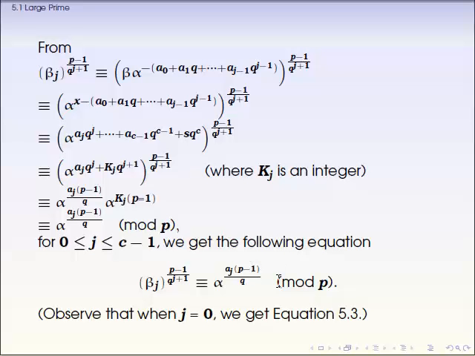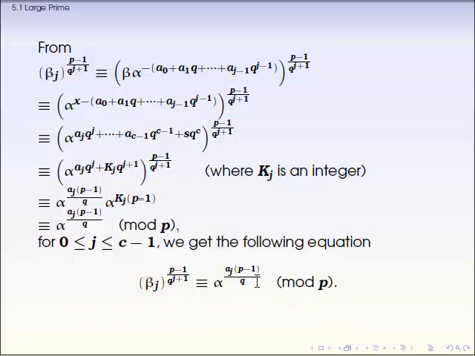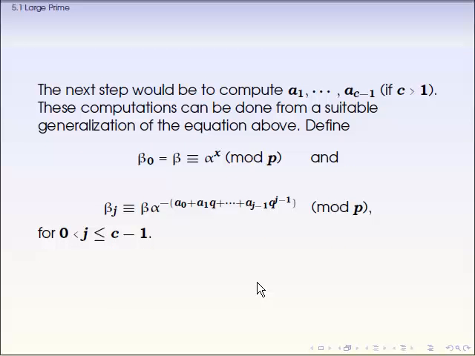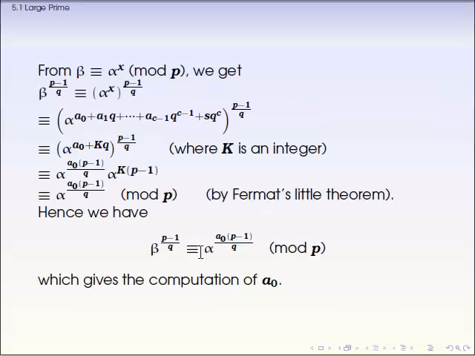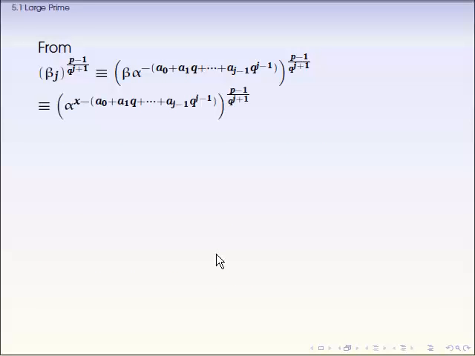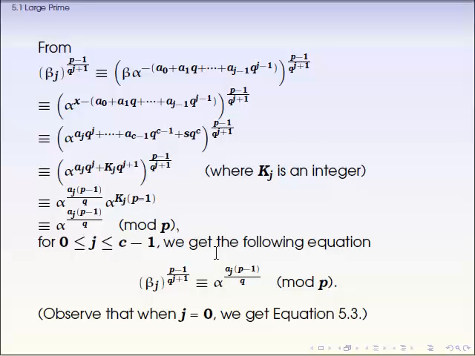And in this formula, the good news is that if you apply j equals 0, the result is exactly the same as the one we found here. So we can generalize these two parts into just one formula. Okay, so that's what we get.